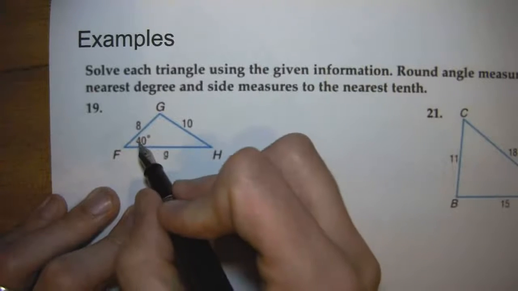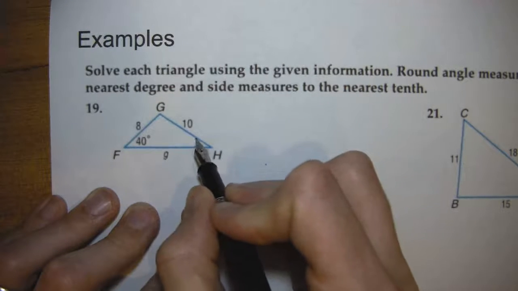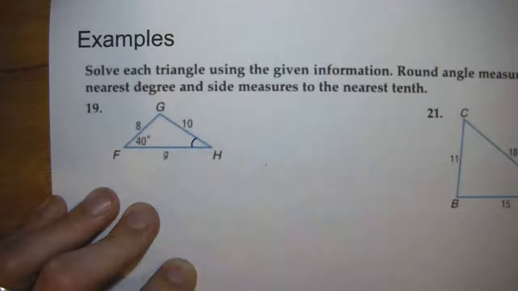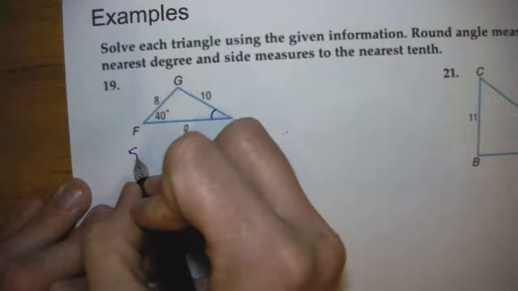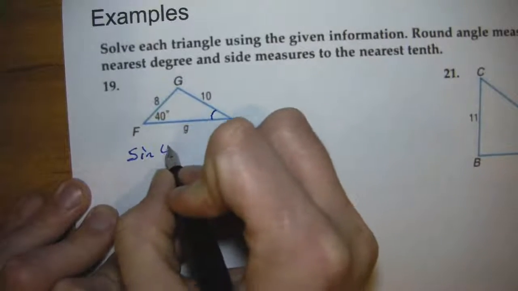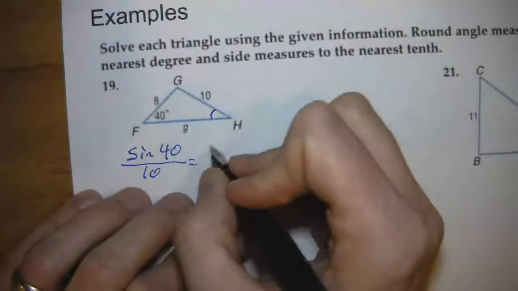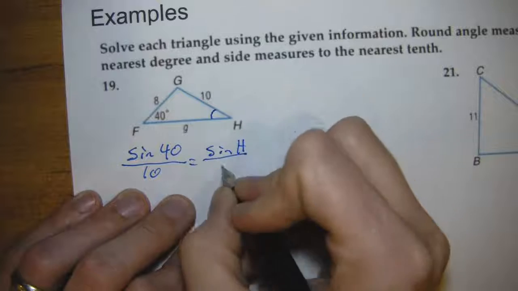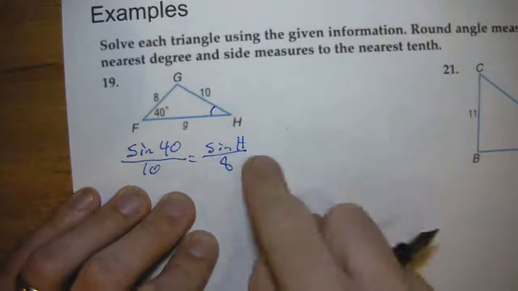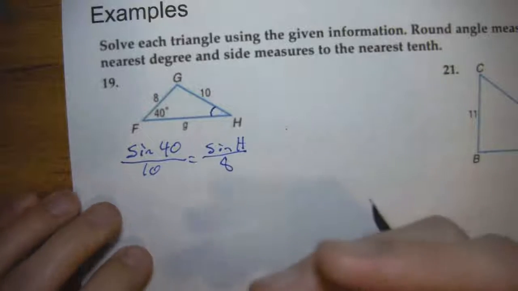But notice I've got an angle across from a side, and a side across from an unknown angle. Well, that's enough information. I could figure out h pretty quickly. Take a look. I could use the law of sine, sine of 40 over 10, equivalent to the sine of h over 8. And I could use that to find whatever angle h is. All right, so let's do that real quick.